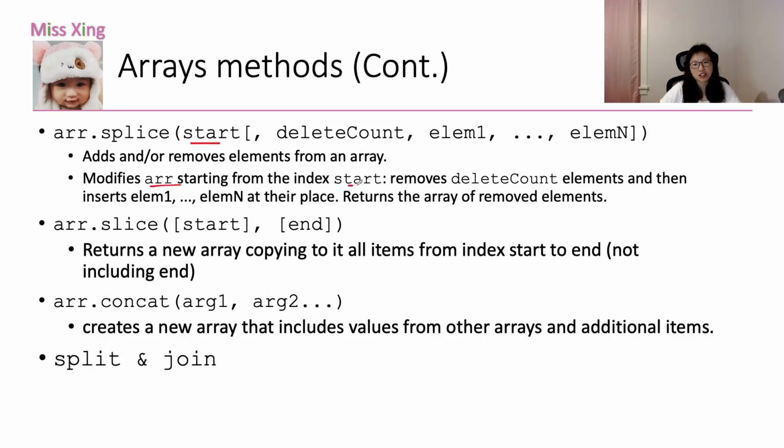If you have a deleted count and other elements, it will remove the deleted count of elements, like 1, 2, 3, and then it will also insert all other elements in their place. It will return the array of removed elements. So with splice, you can do add, and you can do remove. Let's take a look at this one first, and then I will explain the others later.